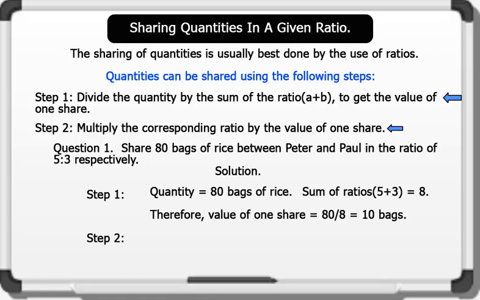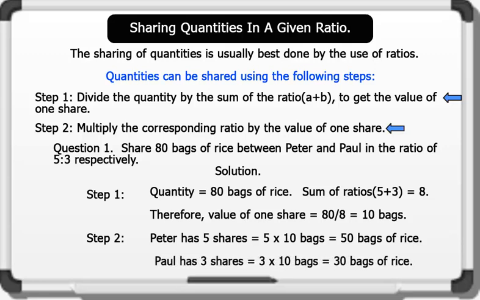Step 2. Multiply the value of 1 share by corresponding ratio. So, Peter has 5 shares, 5 times 10 bags, which equals 50 bags of rice. And Paul has 3 shares, 3 times 10 bags, which equals 30 bags of rice.